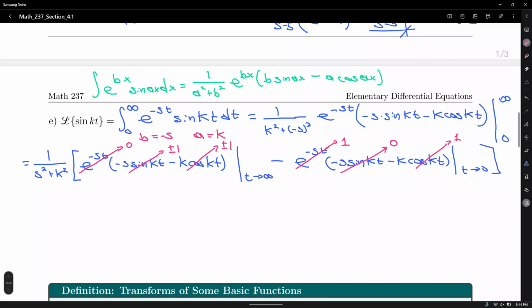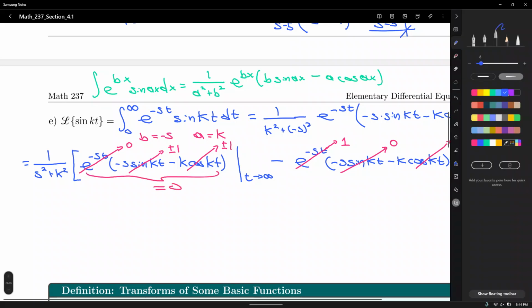That goes to 0. So it doesn't matter what the value of the sine and the cosine function is for large values of t. If it's oscillating between 1 and negative 1, whatever that is, multiply that by 0. All this quantity right here equals 0.